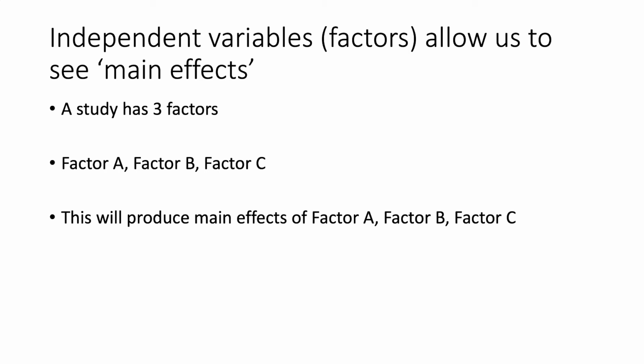But we'll be able to analyze each of those variables in a way that will tell us if there's an effect of factor A, B, or C in a particular study. So if factor A was height, we'd be able to tell whether short versus tall people remember more. If factor B was drug dose, we'd be able to tell which drug produced the best memory effects, and so forth.